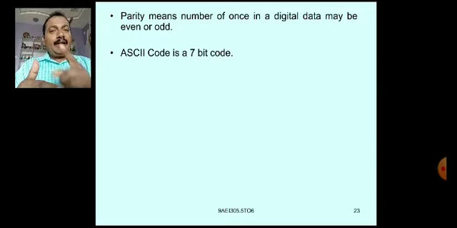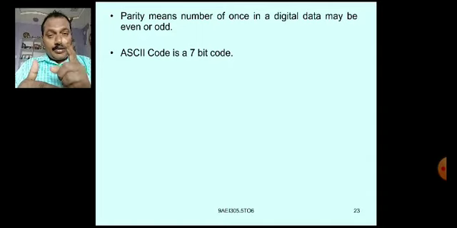If even parity is adopted, we have to make sure that the message signal has an even number of ones including parity. We have to add a parity bit such that the total message code including parity has an even number of ones.